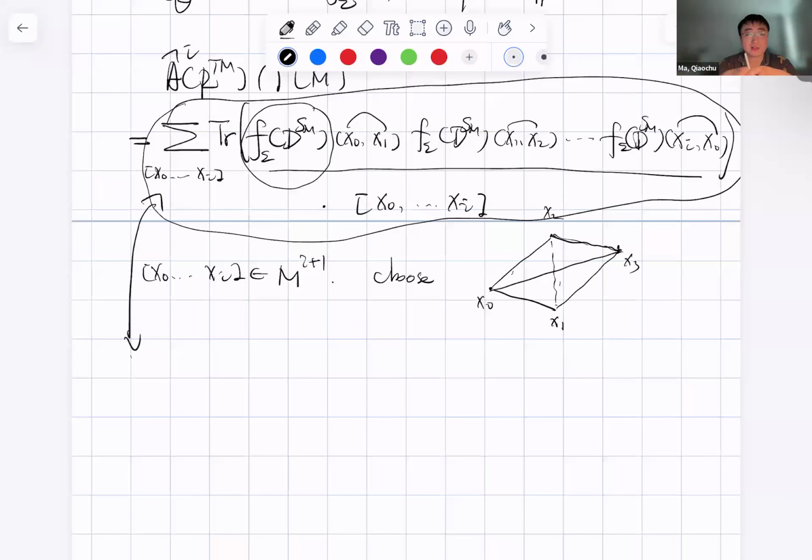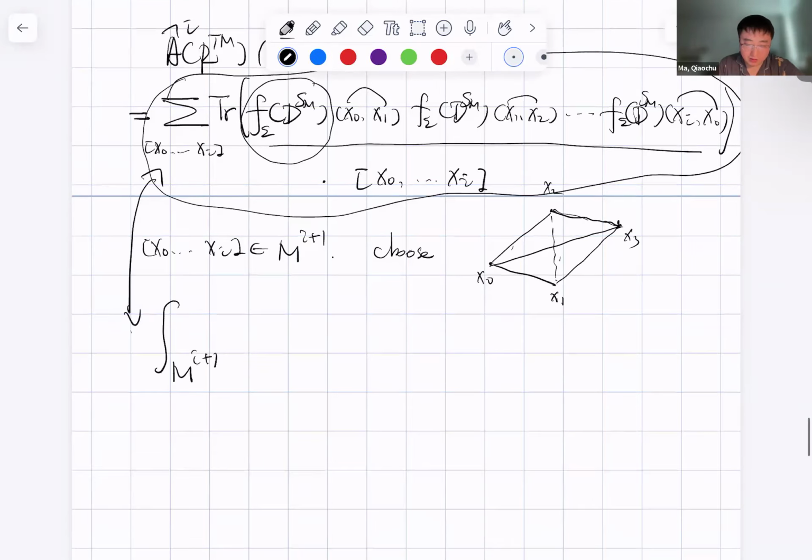This sum is an infinite sum because every x0 to xi is on the manifold, so this is just a formal sum. Actually, we need to take an integration over this manifold instead.